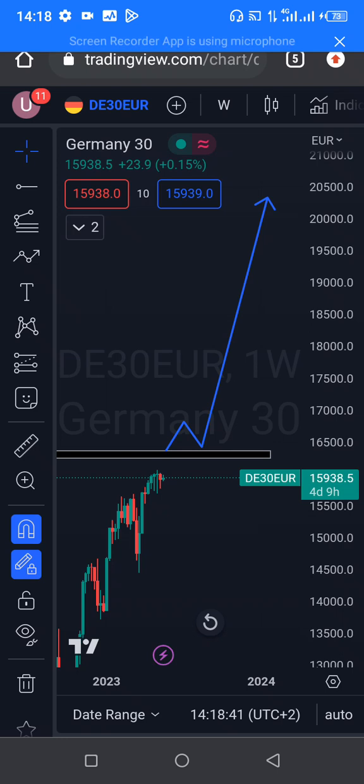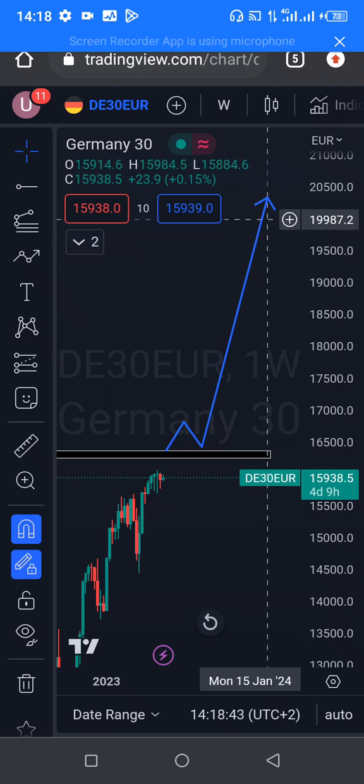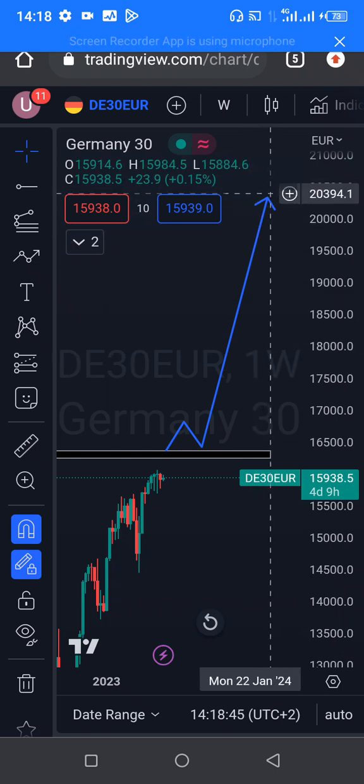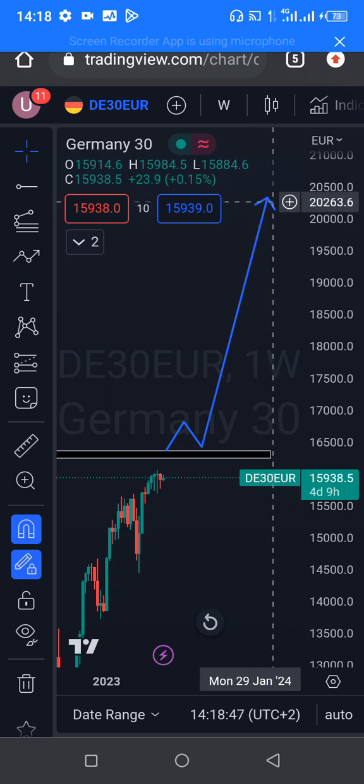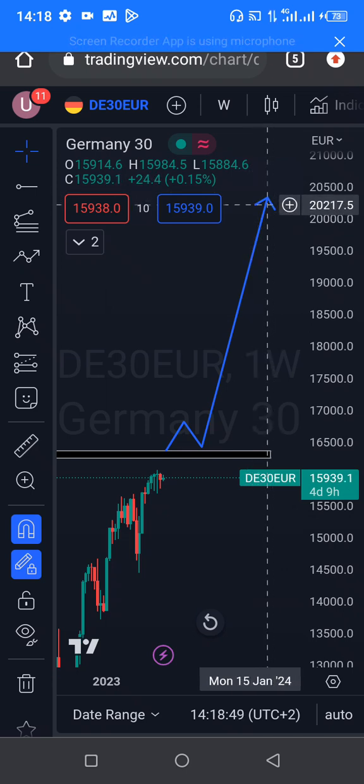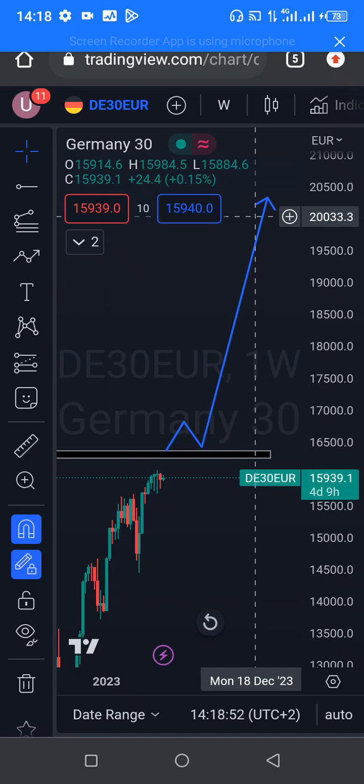So from here, I don't know where I'm going to put my TP, my take profit. So that is why I say that I'm going to stay away. I'm just going to wait for a while to see a proper setup.